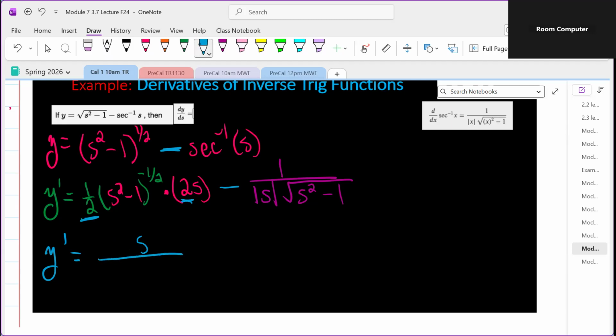And then that s squared minus 1 to the -1/2, I can move it to the bottom and rewrite it as a square root. So s squared minus 1. And then minus 1 over absolute value of s times the square root of s squared minus 1.